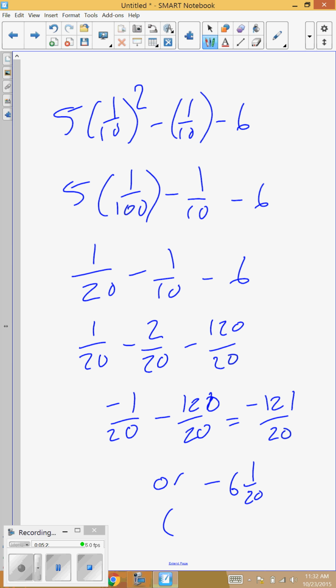So I know my vertex has to be at 1/10, comma, negative 6 and 1/20.